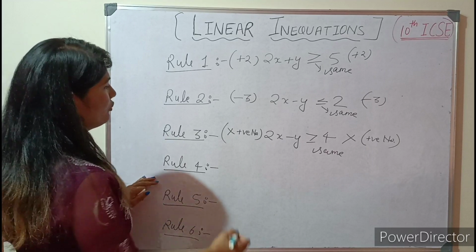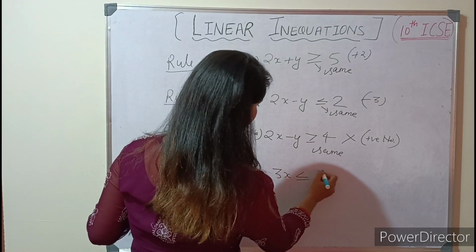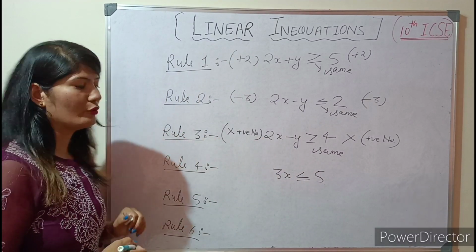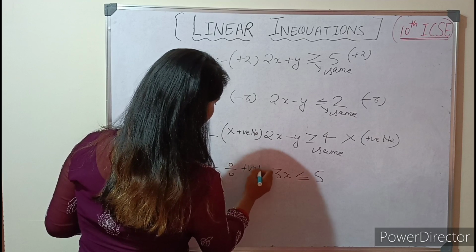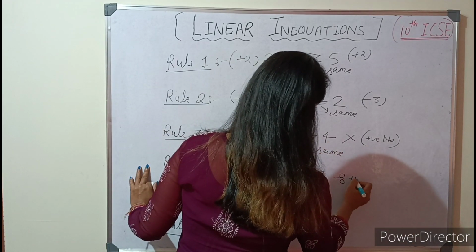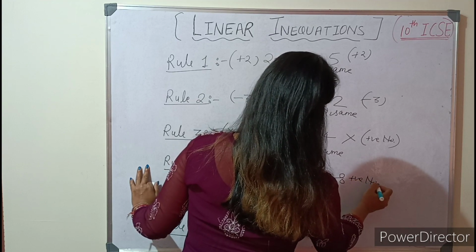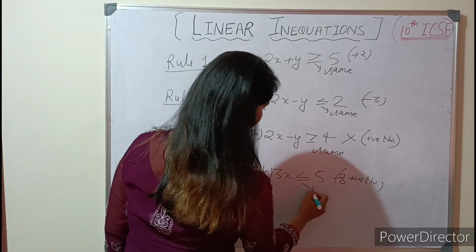Now rule number 4, if I write an equation, rule number 4 states that if I divide both the sides by any positive number, in this case also the sign will remain the same.